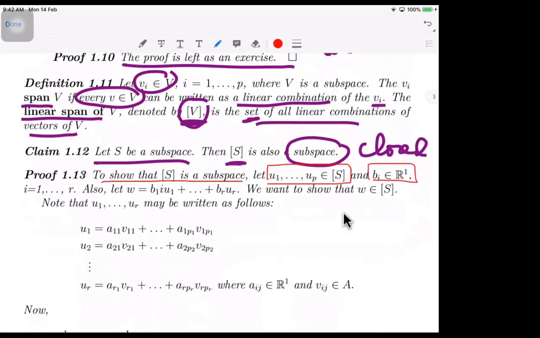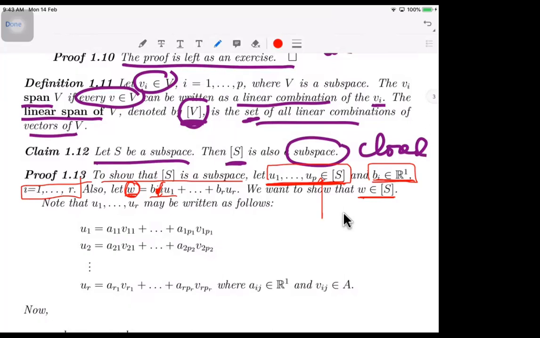Again, for some scalars b_i. Okay? Take an element vector in the span, for some constants, define a linear combination, a vector W in the span. So you have W = b1 u1 + ... + br ur, i from 1 to r. What you want to do is show that this vector W must be in the span.